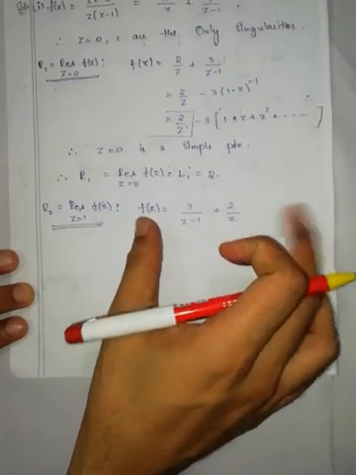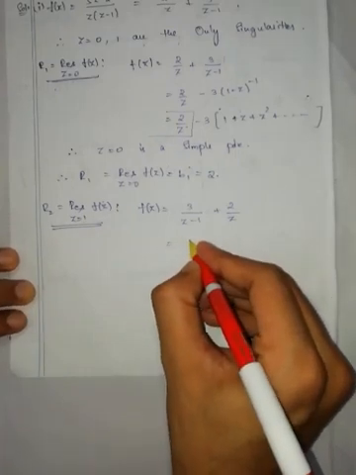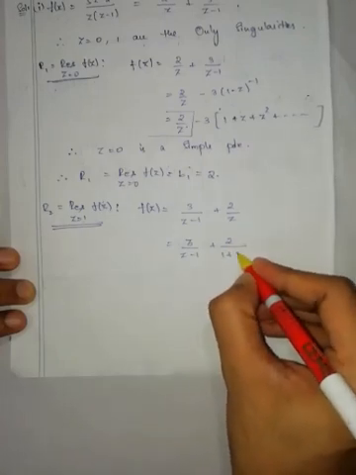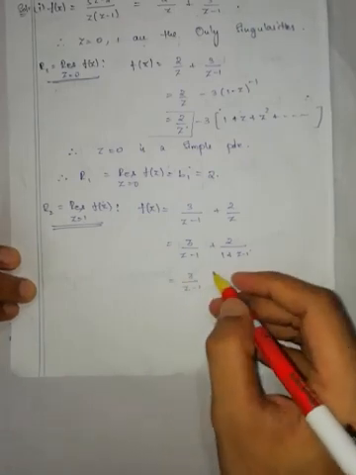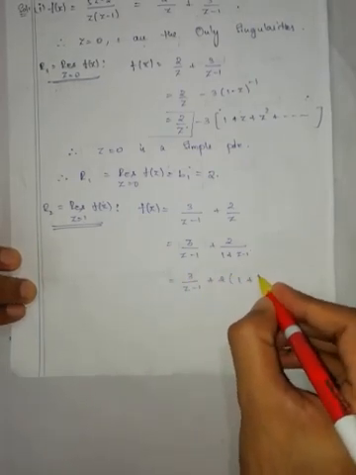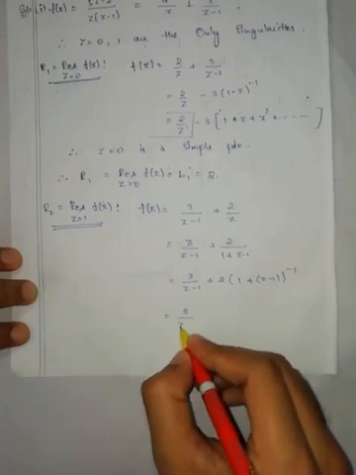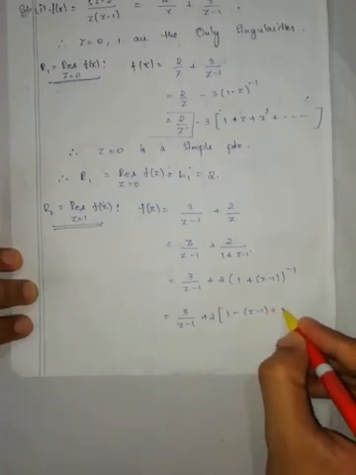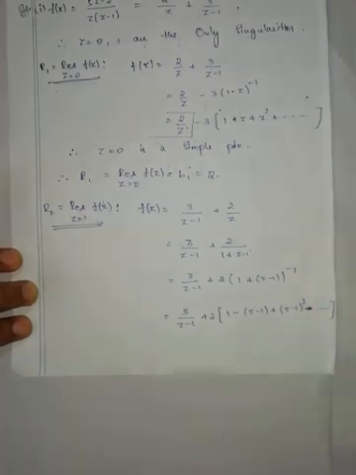Now transform the whole function into a Laurent series at 1. 3/(z - 1) + 2/(1 + (z - 1)) = 3/(z - 1) + 2(1 + (z - 1))^-1. Now expand this: 3/(z - 1) + 2(1 - (z - 1) + (z - 1)^2 - ...). What is the principal part? This is the principal part.